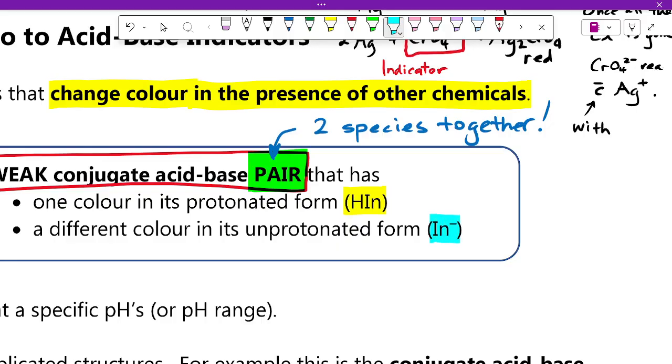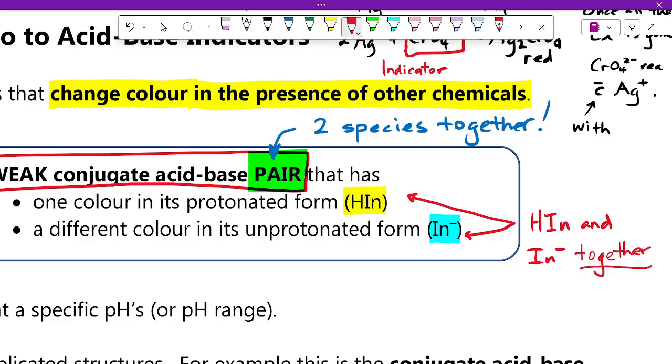So that is just a conjugate acid-base pair. HIn and In- together are the acid-base indicator. And each one will change at a specific pH range.